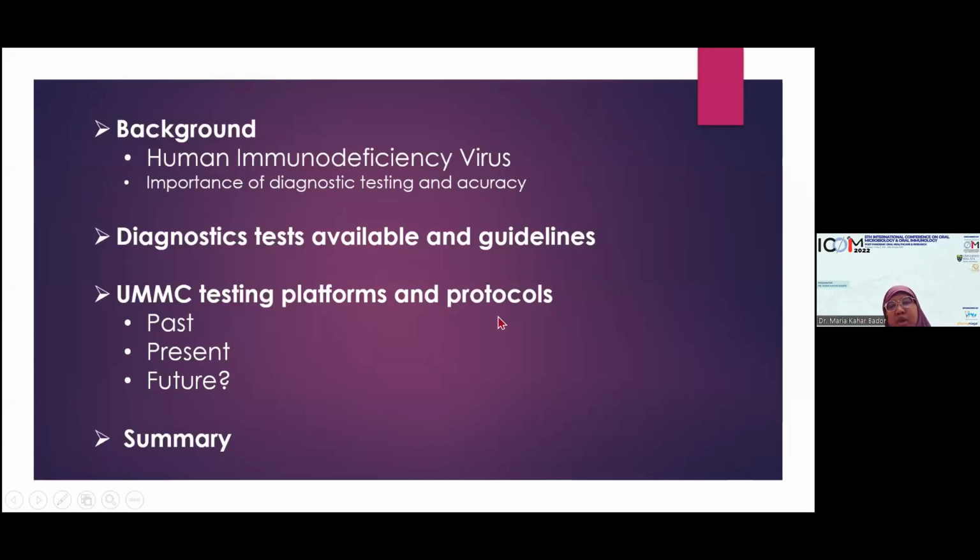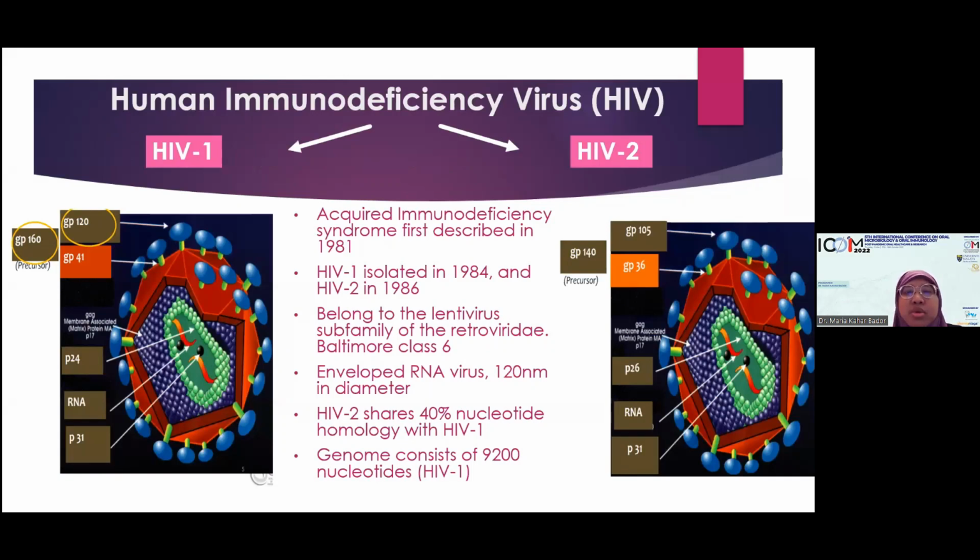Okay, morning everybody. I'm going to give some updates that we've had at the lab regarding HIV. In the interest of time, I'm not going to go through a couple of the earlier slides. It's basically just to remind ourselves what HIV is, and there are two types, and that they have a homology, which is important when we're doing diagnostic testing.